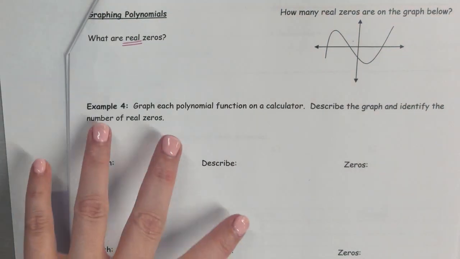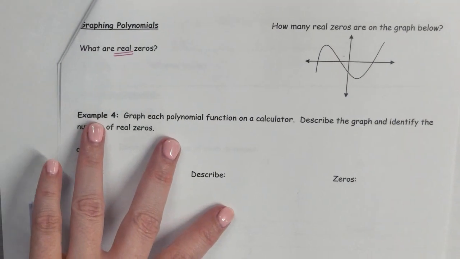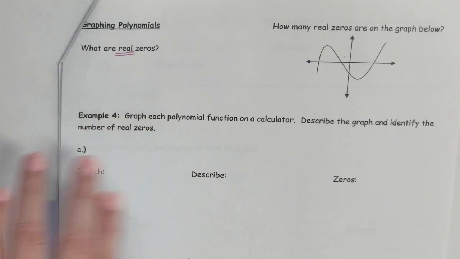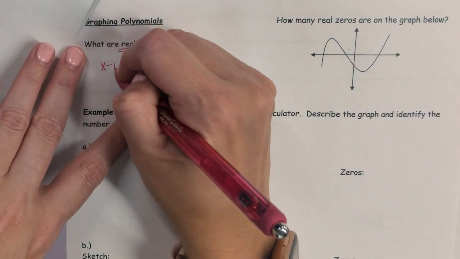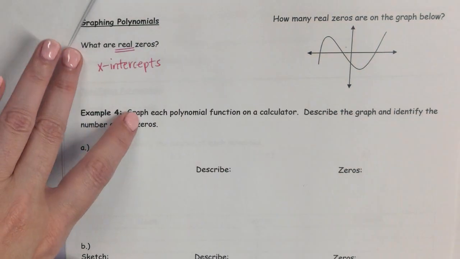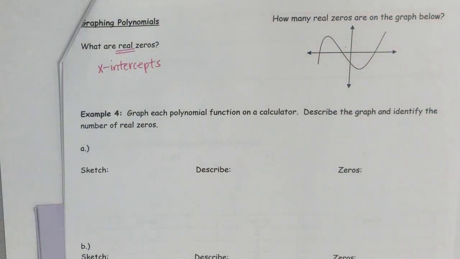The real zeros are the same thing as the x-intercepts. Remember, we talked about that when we were finding roots and zeros. So roots and zeros are just x-intercepts. Real zeros are the same thing as x-intercepts.